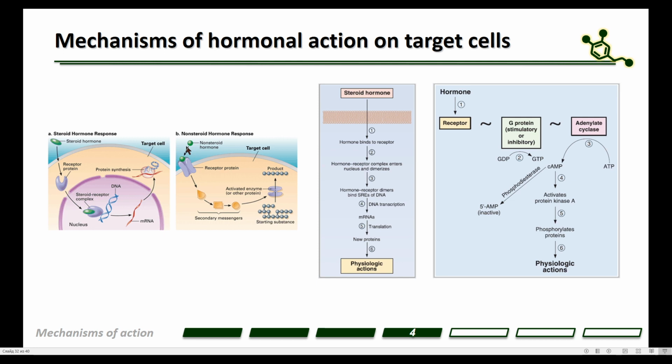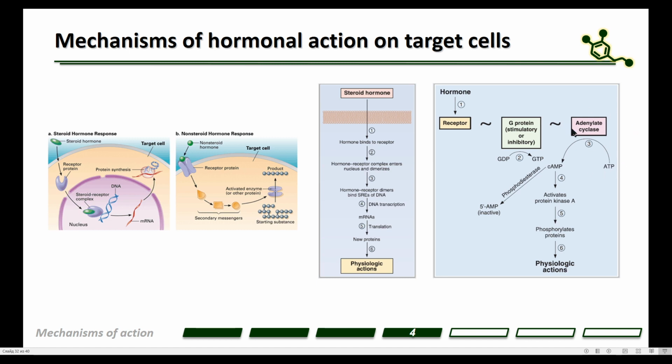Here, the hormone binds to the receptor in the cell membrane, and there will be stimulation or inhibition of the G protein, which is attached on the inside of this receptor, and changes in activity of this G protein activate a secondary messenger. This is basically the messenger which will trigger the effects inside the cell.